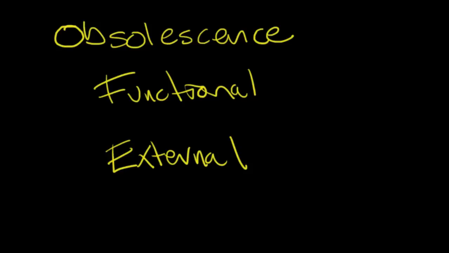So the cousin of appreciation and depreciation is obsolescence, and functional obsolescence and external obsolescence are the two different types that you should be aware of. Functionally obsolete, you've probably heard that phrase, of course. That means it's lost some value, usually due to some type of changing standards in the marketplace.